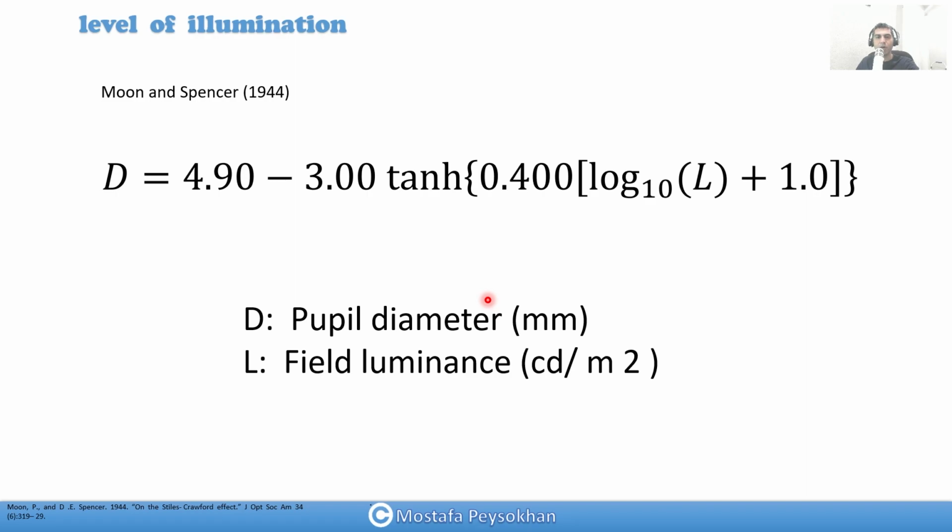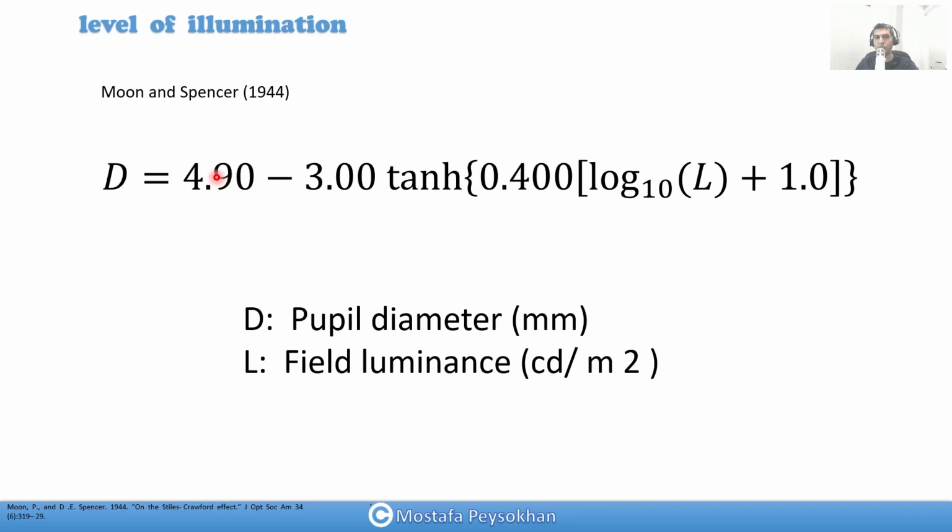And there are a lot of formulas actually, but one of the most important ones is by Moon and Spencer in 1944, where D is the diameter of the pupil in millimeters, and L is the luminance in cd/m², which is a unit for field luminance.